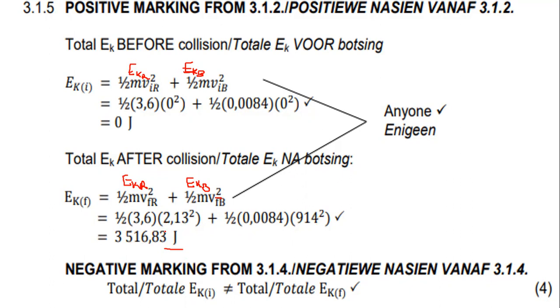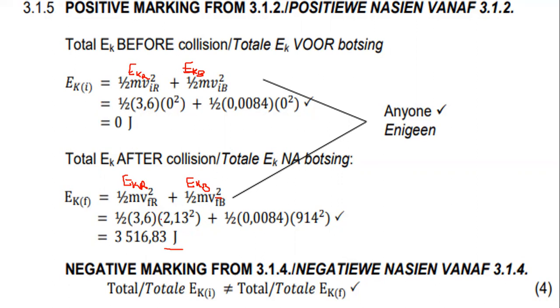Now, we are not done there because they did not ask us to calculate the total kinetic energy before the collision and the total kinetic energy after the collision. They wanted us to prove using a calculation and give a reason. And we have done our calculation.